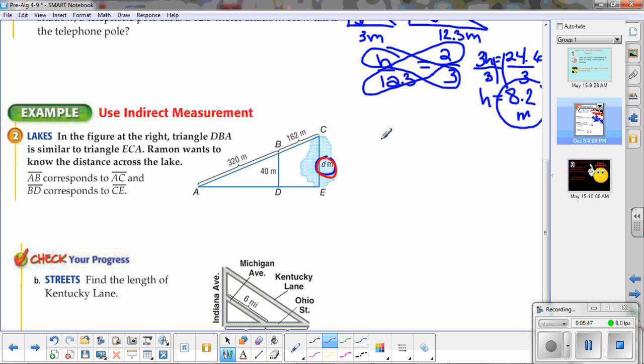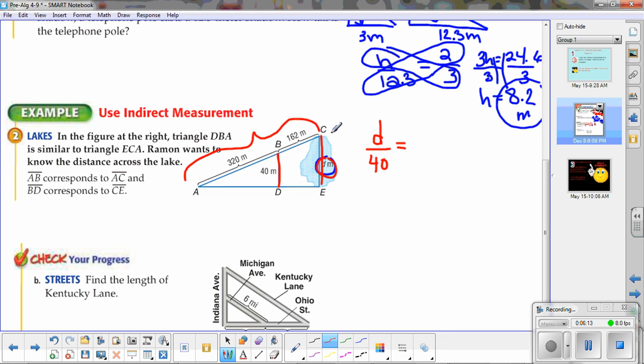Well, D, this measurement right here, matches up with this measurement in the smaller triangle. So D over 40 equals, now since I started with the big triangle and compared it to the small triangle, I'm going to take the big triangle, which is this whole side here.